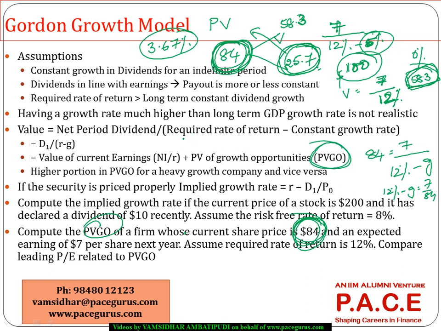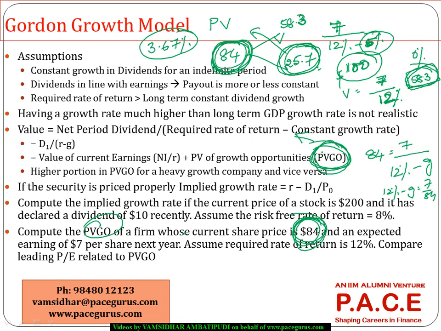So any value that we are deriving, we are attributing it to two major aspects. One is, as per the current dividend or current earnings, what is the value of the firm, and in case the company is growing at a particular rate, what is the value of the firm. These two things put together will give me the total value of the firm. So that excess is what is contributing to the present value of the growth opportunities.